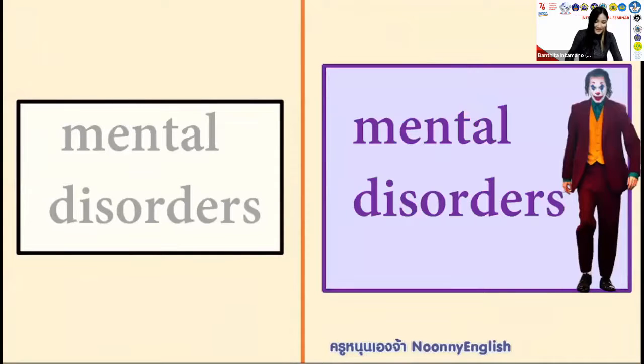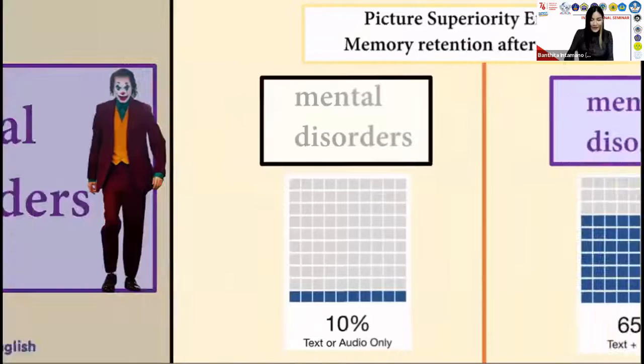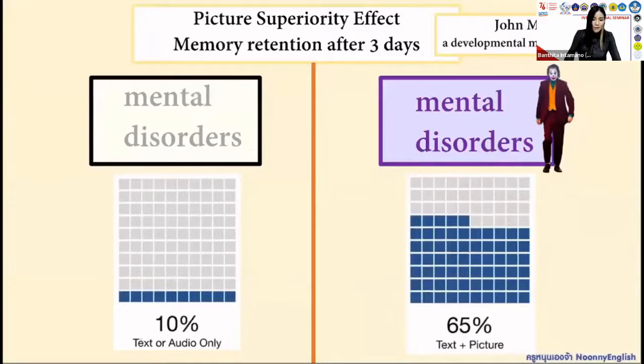According to John Medina, a developmental molecular biologist, research into the picture superiority effect shows that when we read text alone, we are likely to remember only 10% of the information 3 days later.